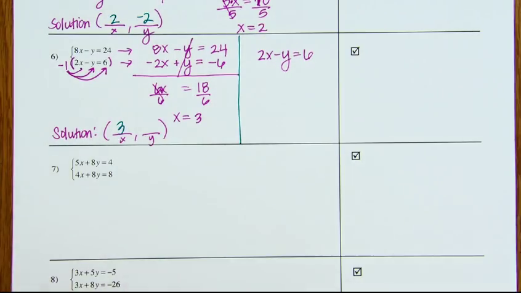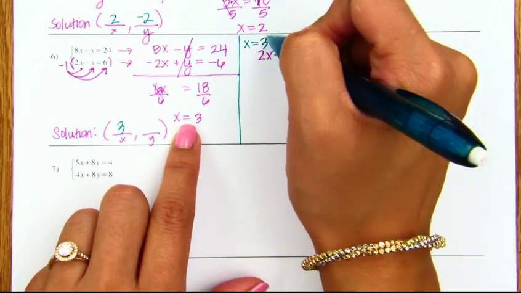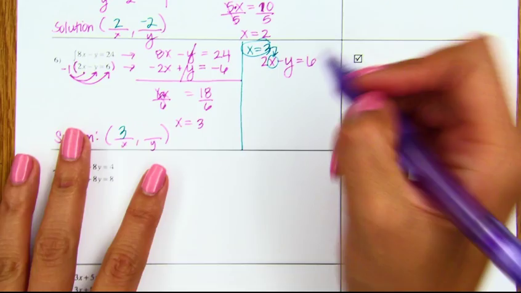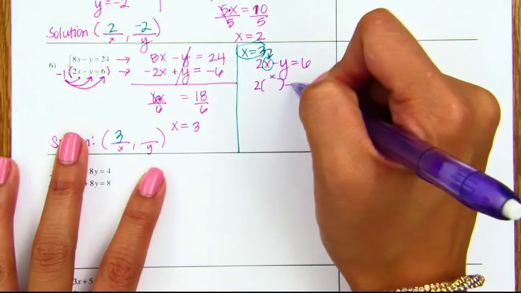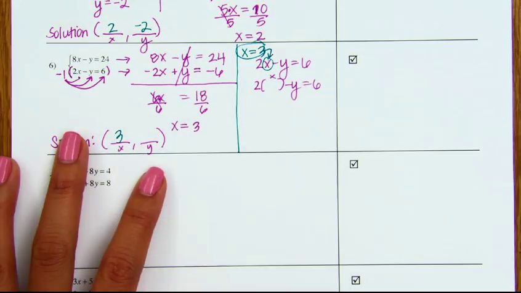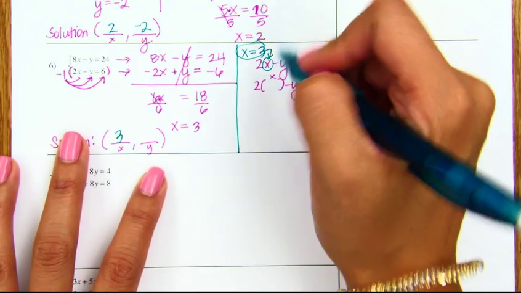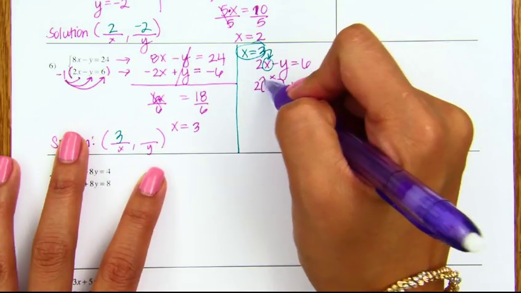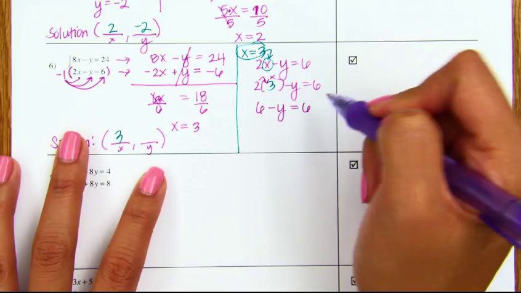I'm going to go ahead and remind myself that I do know that x is 3, so plugging that in for my x, I am now going to have 2 times x, parentheses for x, minus y equals 6. So what is x? X is a 3, so plugging in a 3 there, I'm going to be left with 2 times 3, which is 6, minus y equals 6.